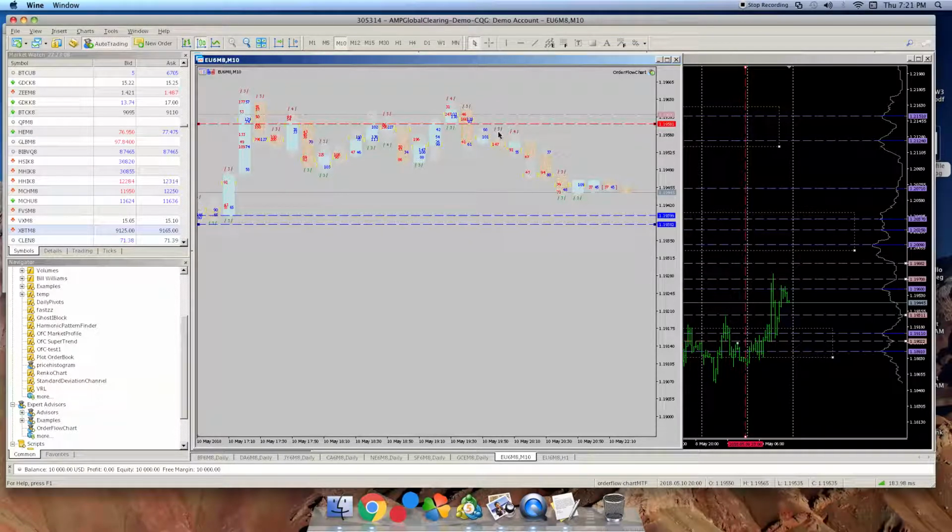This is a down bar with sequential decline of buyers and aggressive selling. This is an up bar with sequential decline of buyers and aggressive sellers as well at the POC, at the point of control. So you can sell here and you can sell here as well.